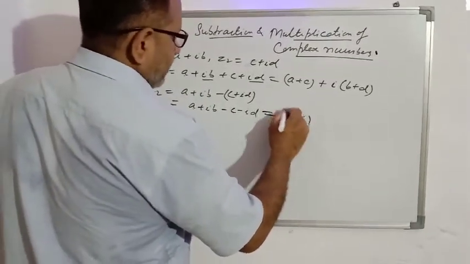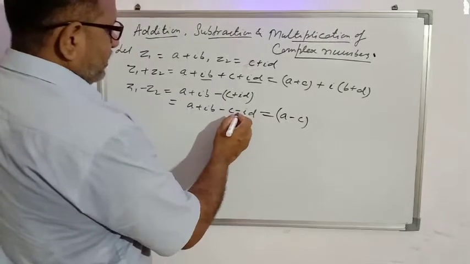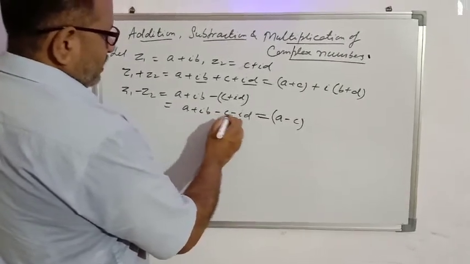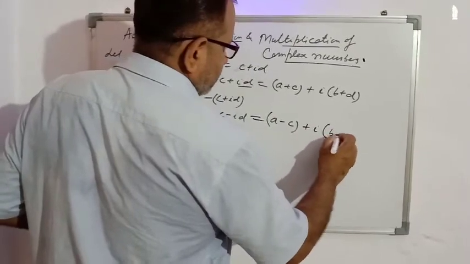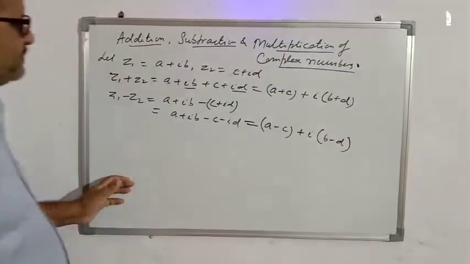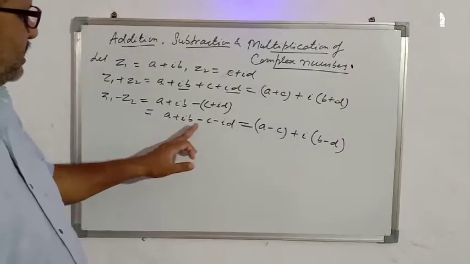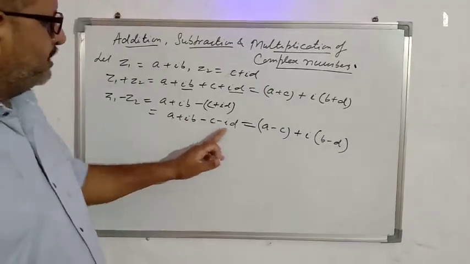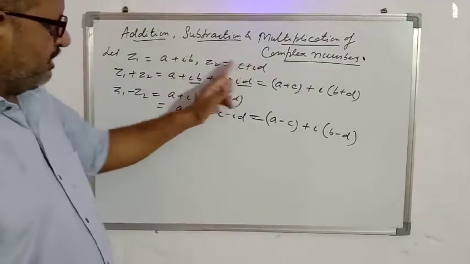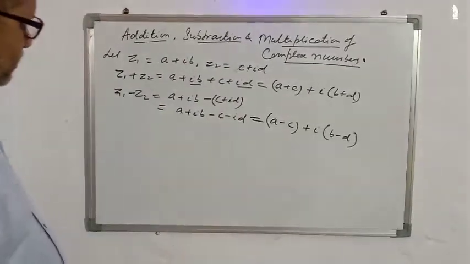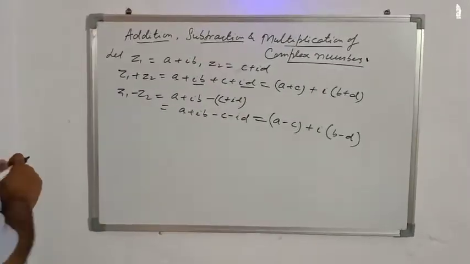It will be a minus c and ib minus id. Take i common: a minus c, and i times b minus d. So we will subtract the real parts and the corresponding imaginary parts. So this is the subtraction of two complex numbers.